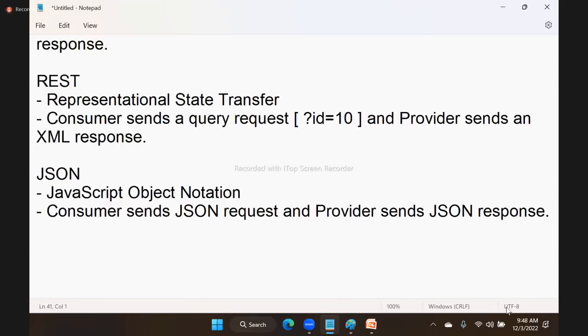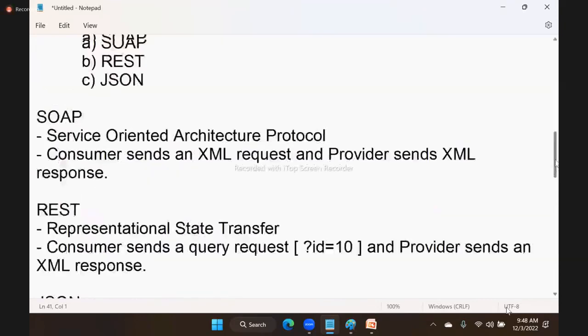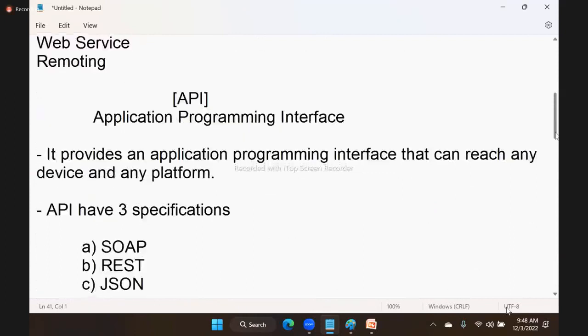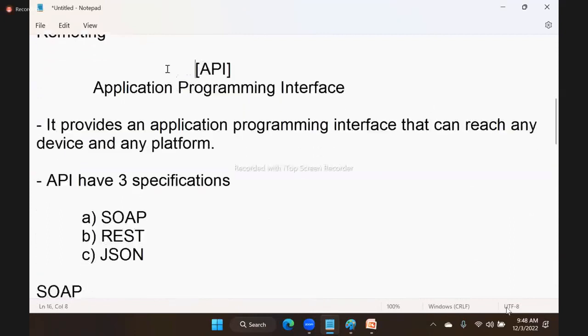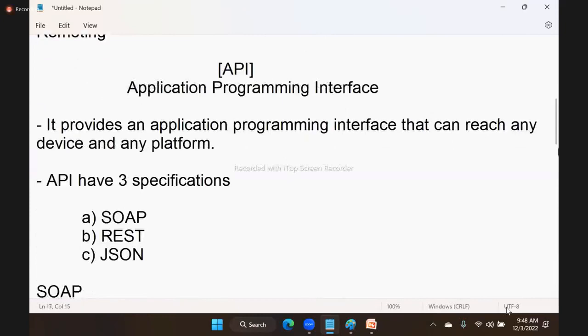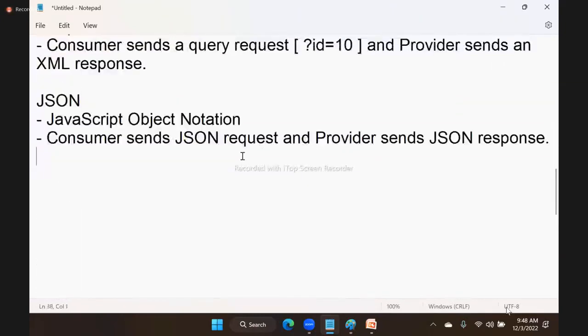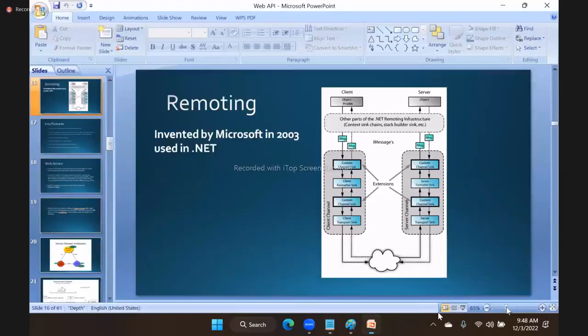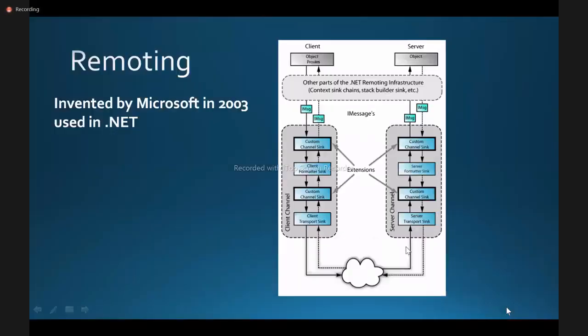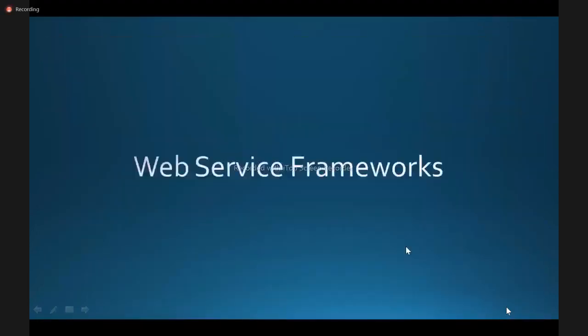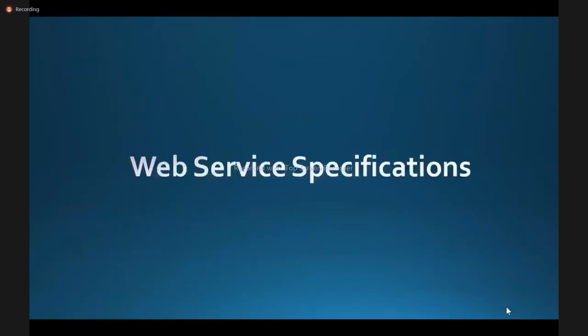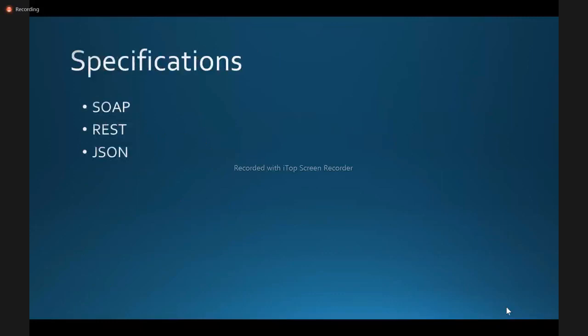Technically, we are creating an application programming interface. This application programming interface handles the request and response in which form? JSON form. So actually, these are the specifications. These are three specifications: SOAP, REST, and JSON.